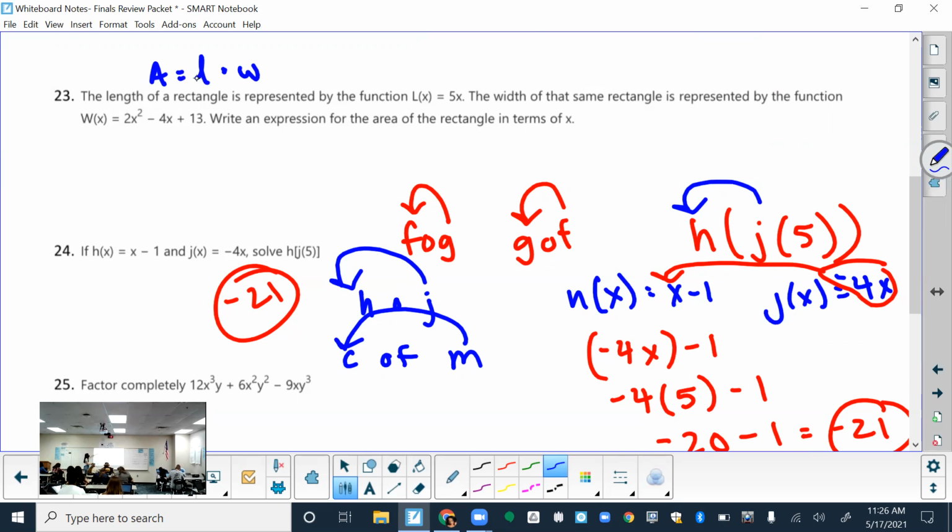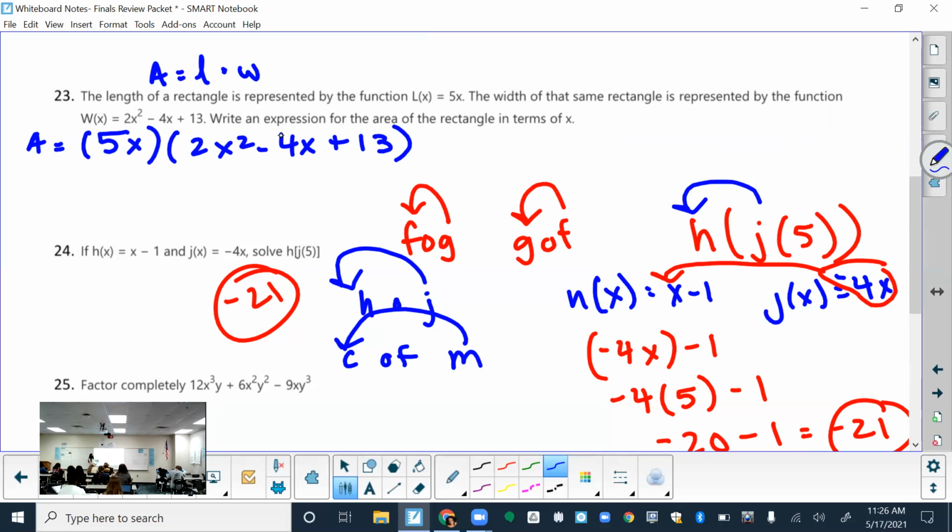It says my length is 5x. So area, my length is 5x. And my width is 2x squared minus 4x plus 13. All right, length times width.